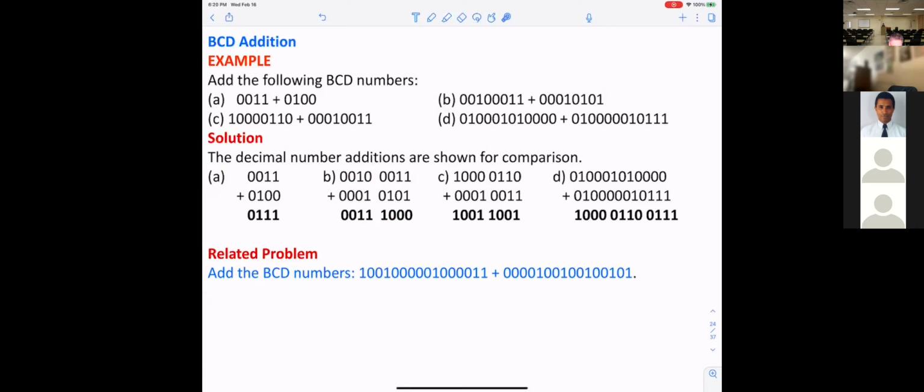Okay. So basically, you get a number 23 and 15. So 2 adding to 1, you get number 3. 3 adding to 5, you get number 8.